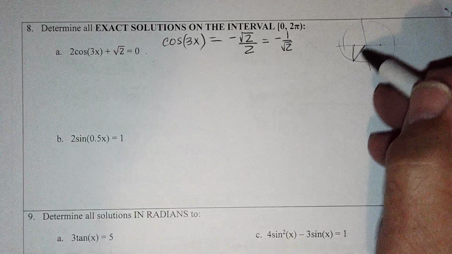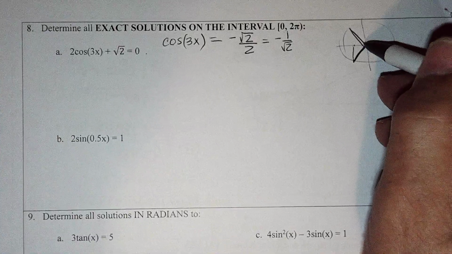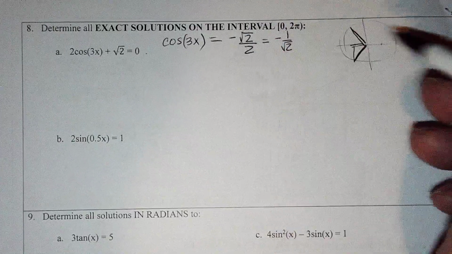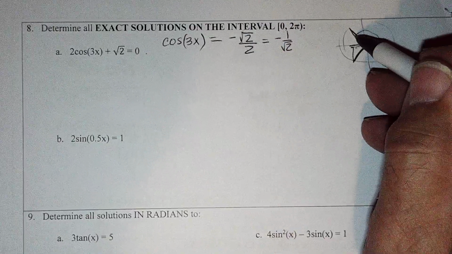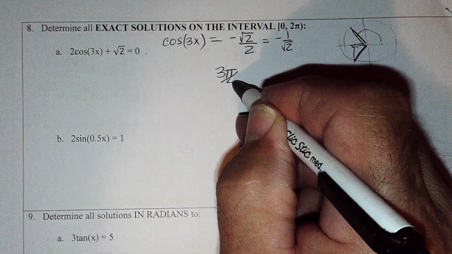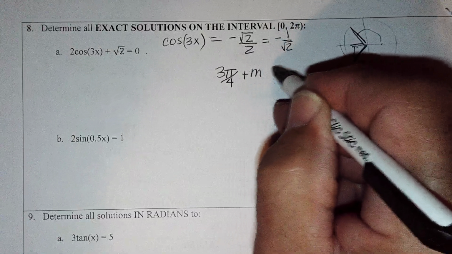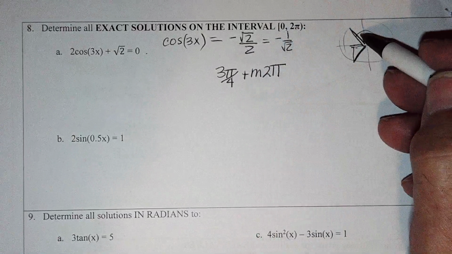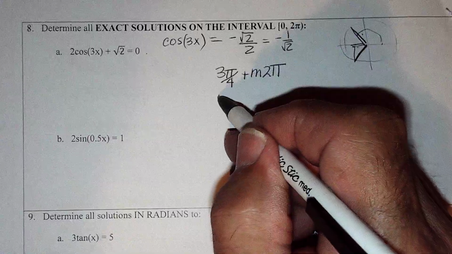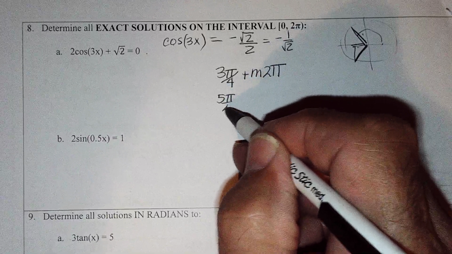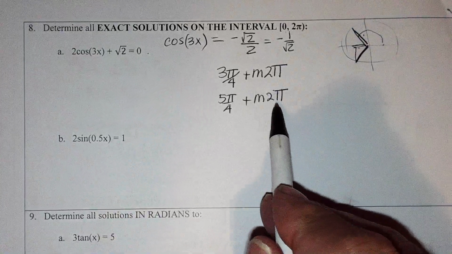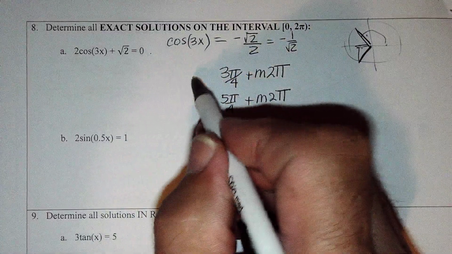So it'd be here or here, where the cosine is minus 1 over the square root of 2, or minus square root of 2 over 2. So this angle is 3 pi over 4 plus multiples of 2 pi. And this one is 5 pi over 4 plus multiples of 2 pi. There's all the solutions for 3x.